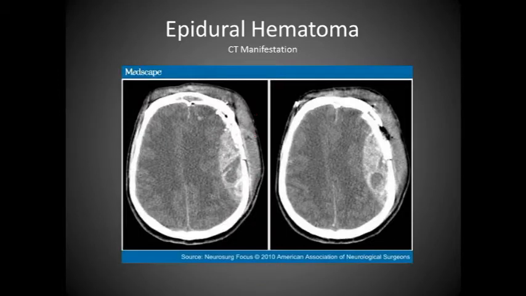Here is one with a linear skull fracture. Notice here and here. Patient has severe swelling starting at the frontal bone and going all the way around.